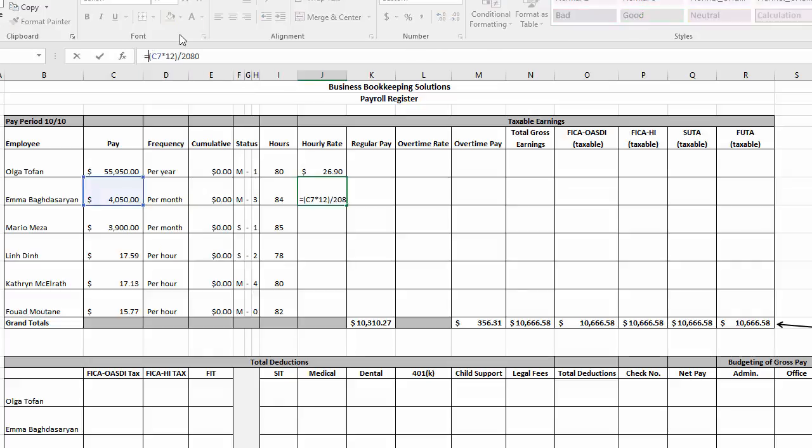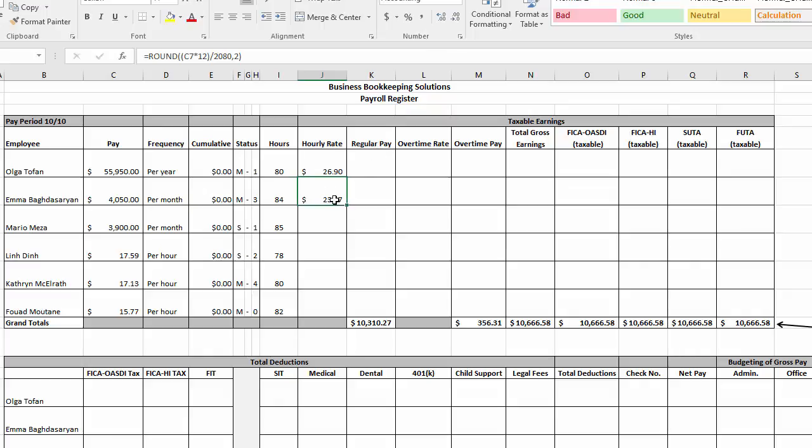So I need to round this. ROUND, open parentheses, and the formula in front of the comma is what I want to be rounded. And how many digits do I want to round it to? 2, close parentheses. There you go, 23.37. So now I can decrease the decimal to make that look nice and neat.